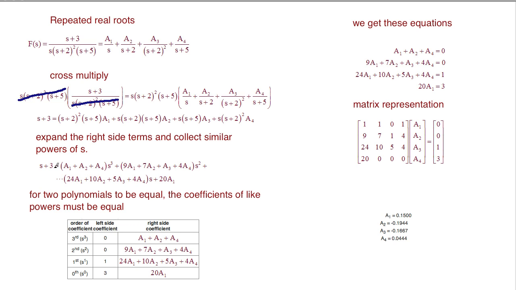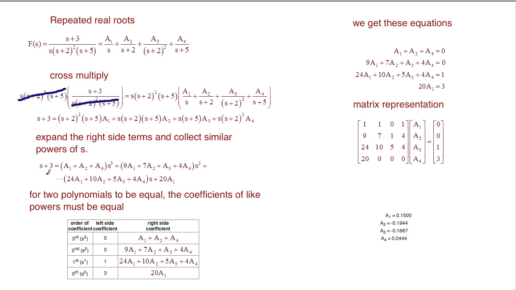S plus 3 on the left remains unchanged, but we get a whole coefficient times s cubed, a different entire coefficient times s squared, plus another one times s, plus a constant term. So s plus 3 on the left must equal this times s cubed plus this times s squared plus this times s plus 20 A1.